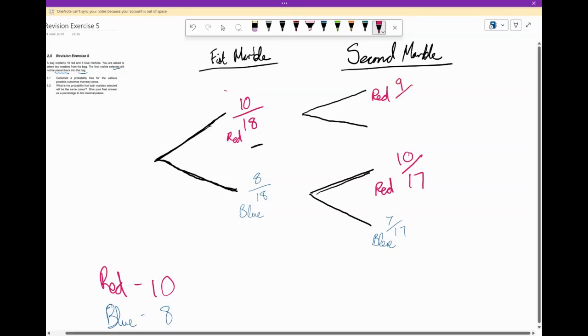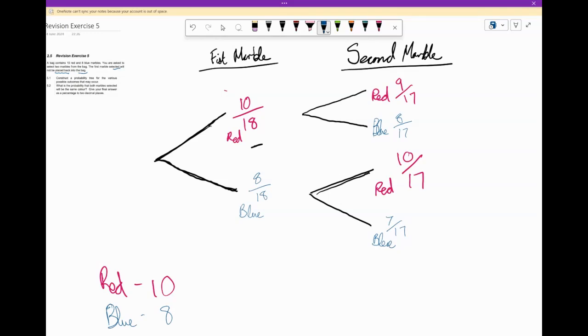This is 9 over 17. And then obviously if we pick another blue, it would be 8 over 17. Everybody happy? So these are the different pathways, and this is why we do decision trees, because if you're trying to do this mentally, it might be a bit of a challenge.